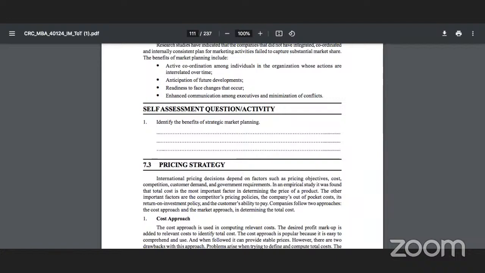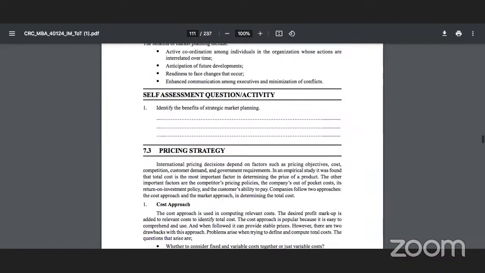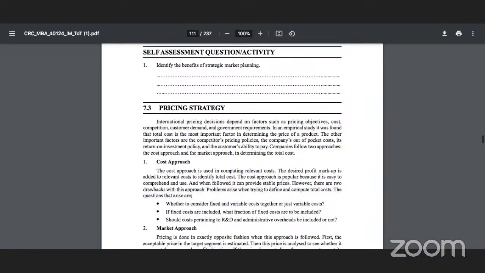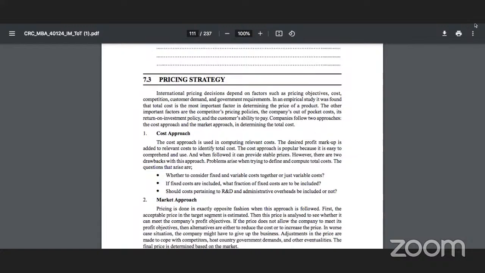The second one is anticipation of future development. Third is readiness to face changes that occur. And finally, enhanced communication among executives and minimization of conflict. I hope all of this is clear so far.